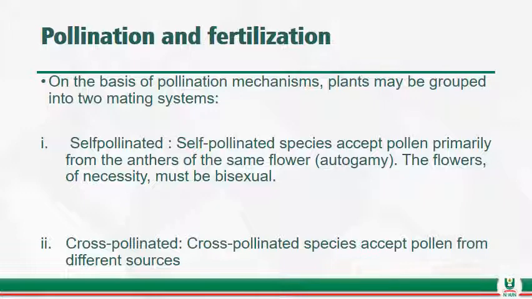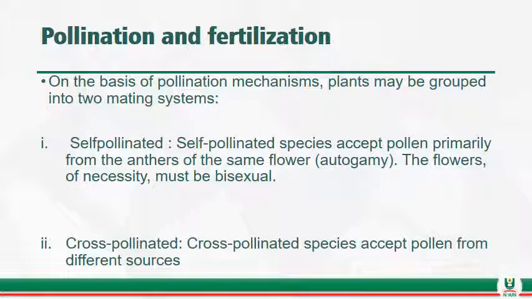However, there are some plants that are cross-pollinated, and these cross-pollinated species can accept pollen from different sources. When you say different sources, it doesn't mean that you carry pollen of maize and go and use it on cowpea. No, it's not going to work. What they are trying to say is that you carry pollen from one maize plant and take it to another maize plant somewhere else and use it.